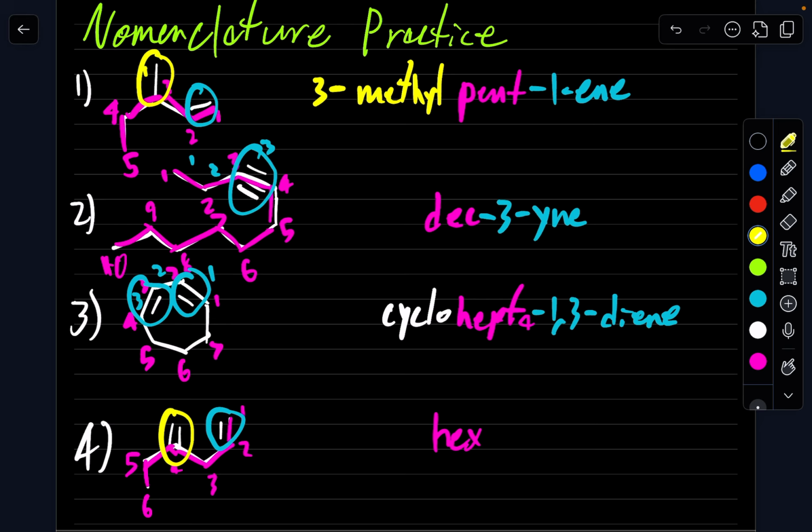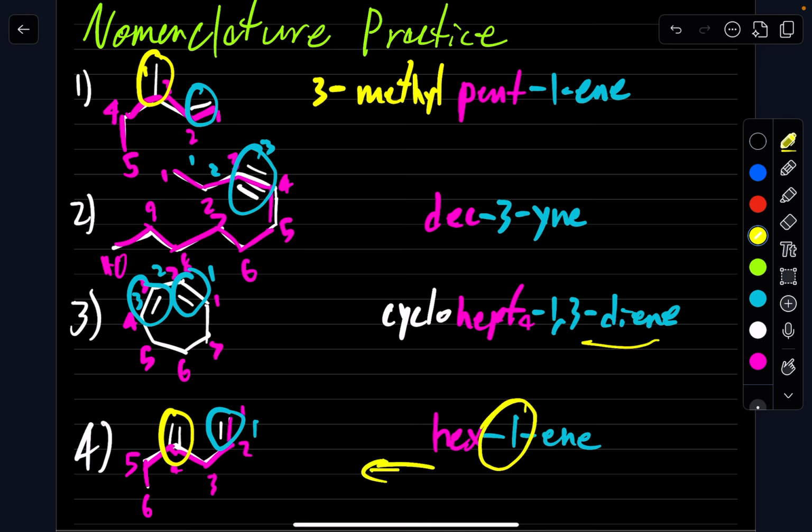All right. So we can go ahead and put this first one in the name. This is just going to be 1-ene. And this substituent is actually going to come in front of the name rather than being here like the diene.